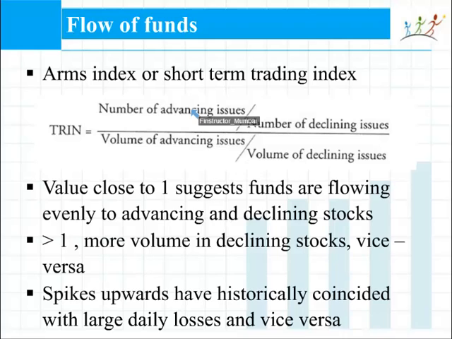So if DLF goes up or 10 stocks go up, this number will be 10. If 10 stocks go down, this number will again be 10. Volume means how many exact number of shares of each of those stocks went up. So let's say 10 million advances happened and 3 million decline happens. If the value is close to 1, then it suggests that funds are flowing evenly to advancing and declining stocks.